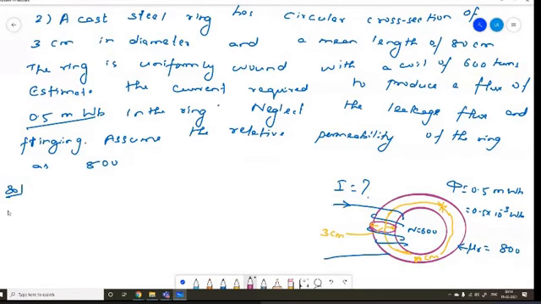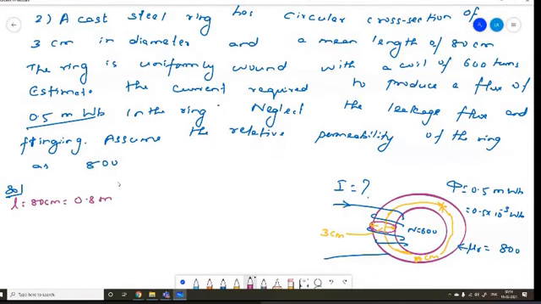So it is given that L is equal to 80 centimeter, that is nothing but 0.8 meter. If this is the diameter, of course you know how to find the area. Half of this will be the radius. So if you find pi r square, you will get the area of cross section.